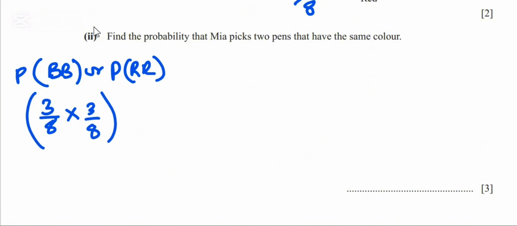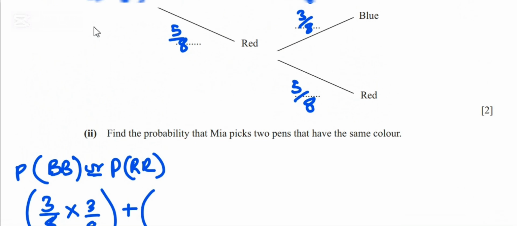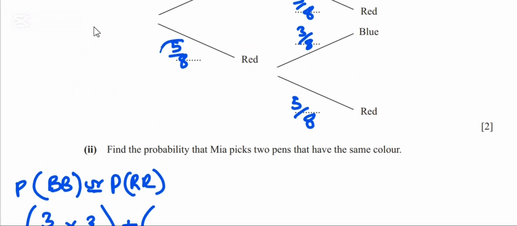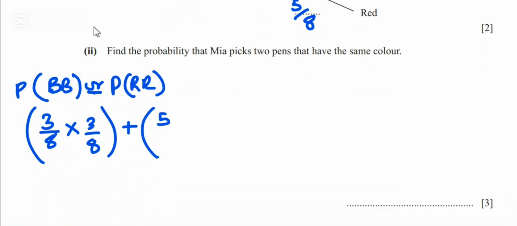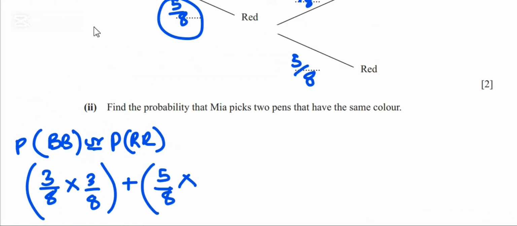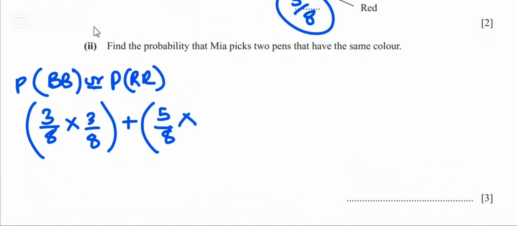Then the word or in probability means addition. Then the probability of picking red is this one, because this is a branch for red, so 5/8 times another red, the same probability, 5/8.